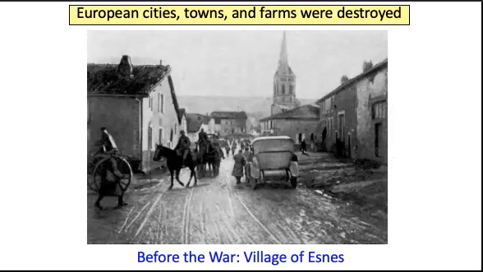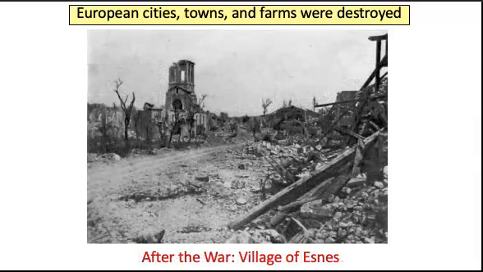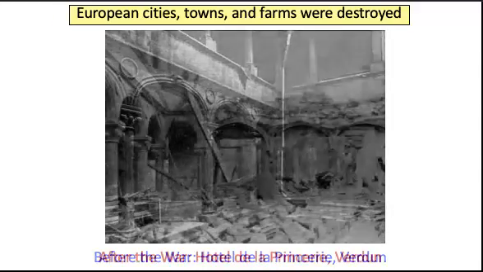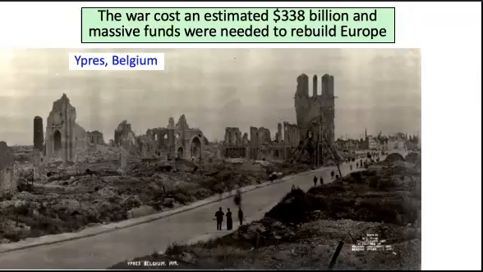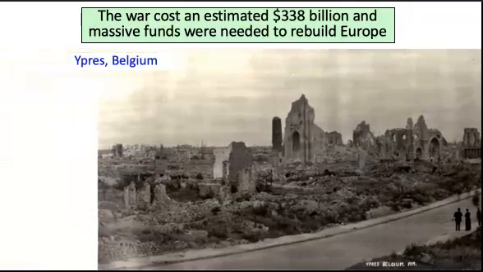And entire towns, like here, are almost completely wiped off the map. The war was expensive, costing an estimated $338 billion, and massive funds would be needed to rebuild Europe.